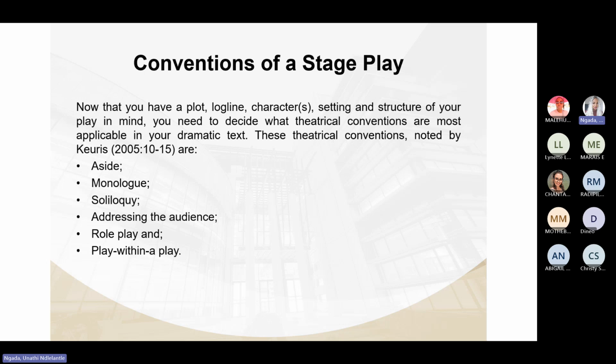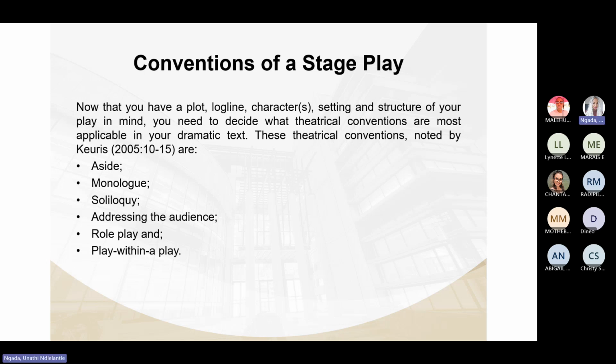In your own time, I would really like you to read through each of these theatrical conventions, and then in the next session, we are going to reflect on them, where I will ask one of you to explain to me what you understand by, for example, a role play, a play within a play, or the direct address of the audience.